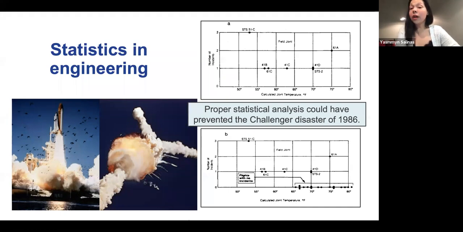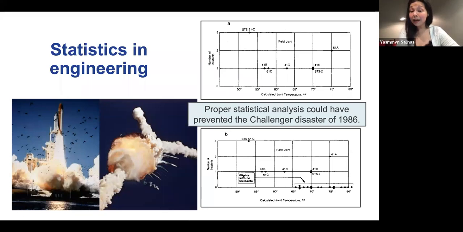But upon investigating a little further after the accident, people found out that this graph was missing a big part of the data. They had excluded data points at temperatures where there had been absolutely no incidents. We can see that from 65 degrees to 80 degrees, there's a lot of data suggesting that no incidents would happen.